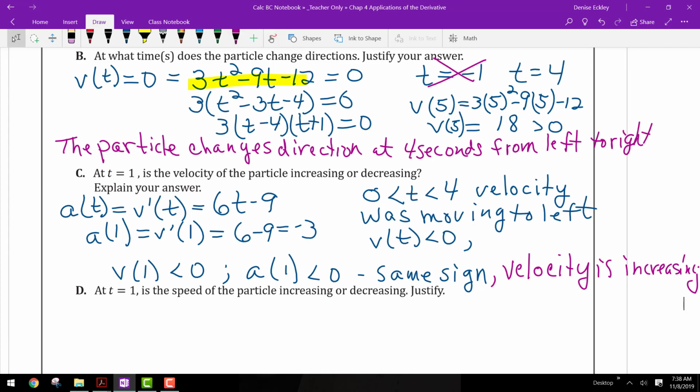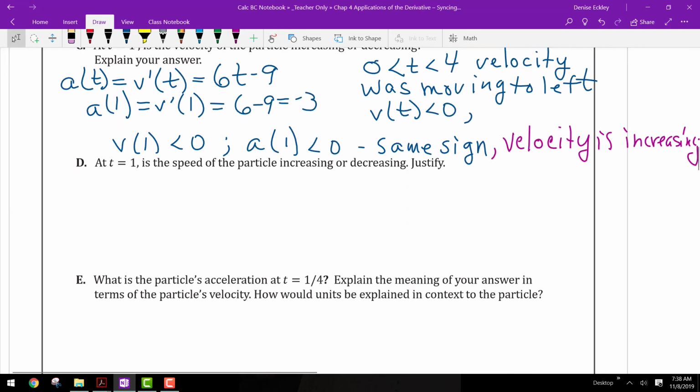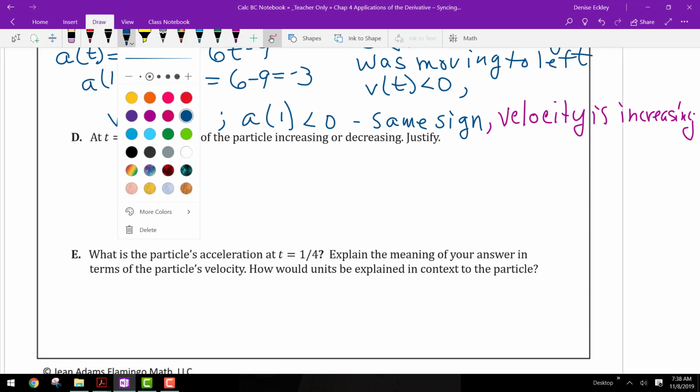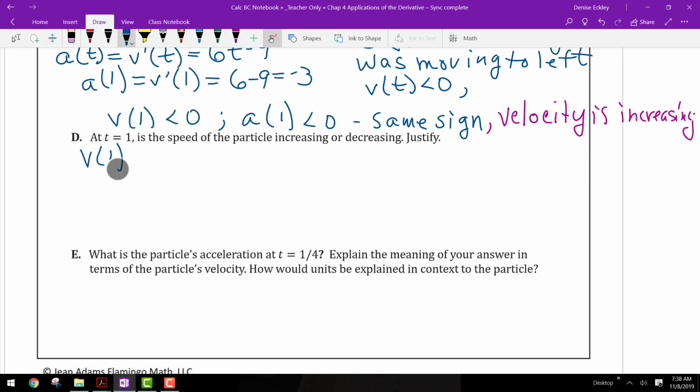All right, part D. At t equals 1, is the speed of the particle increasing or decreasing? Justify your answer. Let's find the velocity at 1. v of 1 is 3 times 1 squared minus 9 times 1 minus 12, which equals -18.